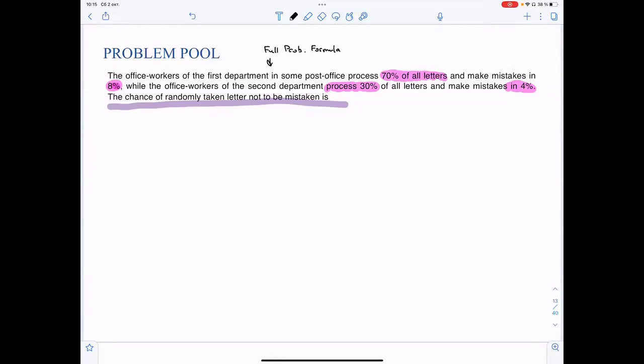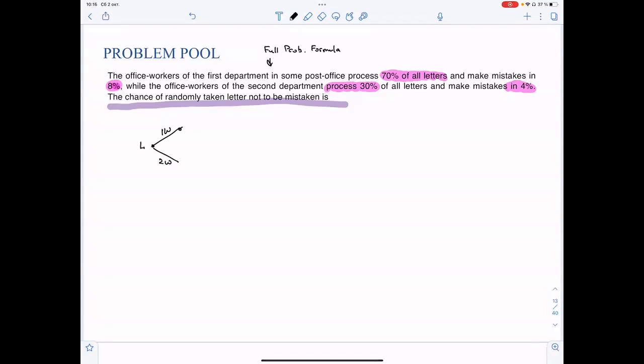All right, so let's recall the definition of the full probability formula and evaluate it here. Well, we used to discuss that the probability tree is actually a very nice way to visualize the problem. So a randomly picked letter could be processed by the first worker or by the second worker.